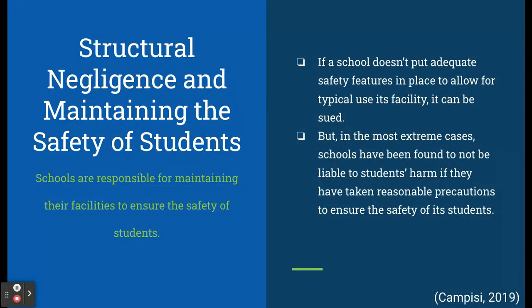I will say that as I did research for this, they talked about some of the most extreme cases when students can be injured at school. Specifically, one of the resources spoke regarding school shootings.